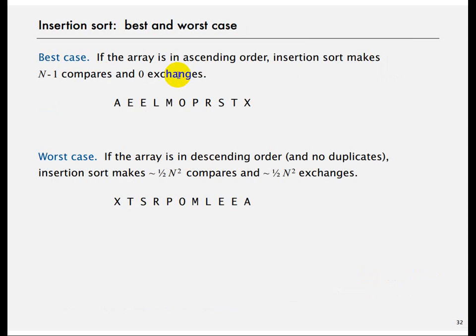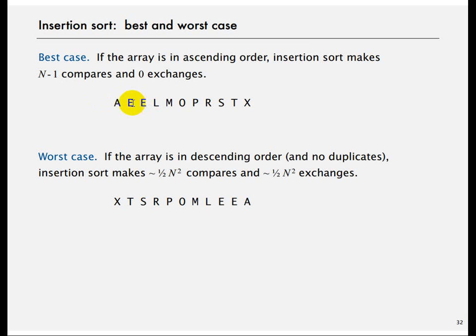Some more examples here. Now the interesting thing is the best case scenario is just n-1 compares, correct? Let's say you start with A, you start with E. You just look at this element here. If this element is already less than E, you know you don't have to go back anymore.